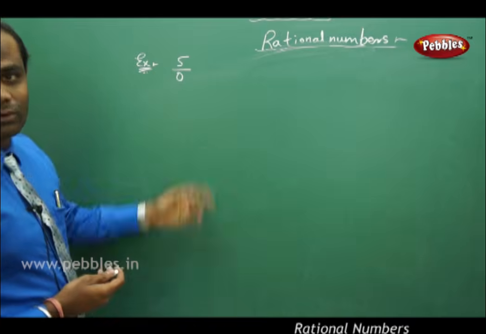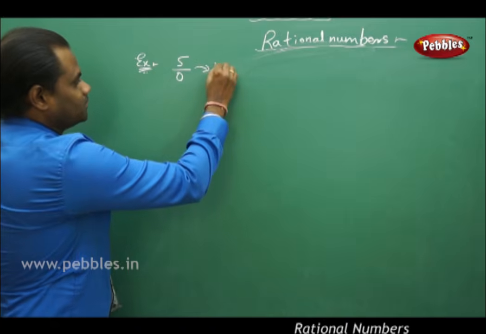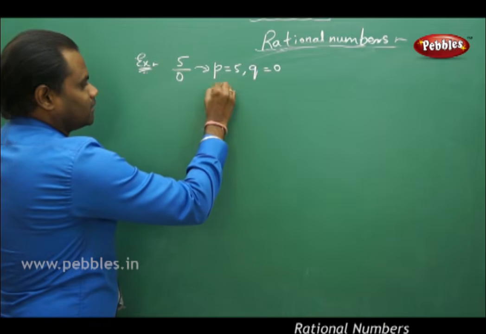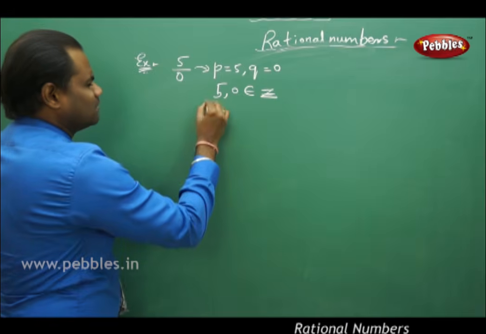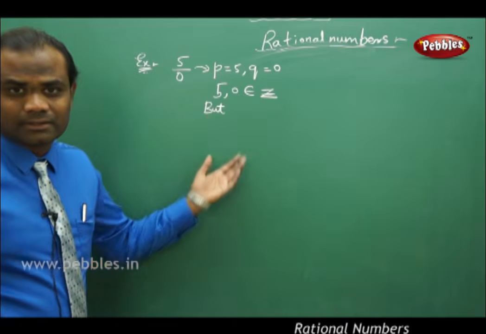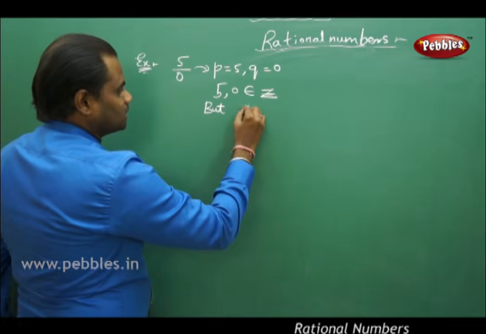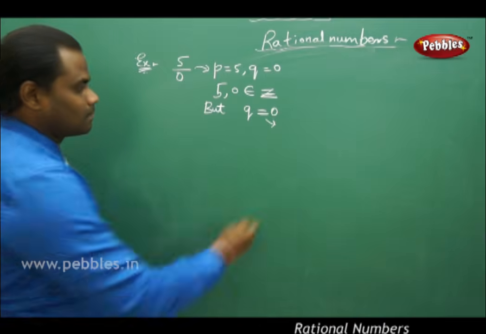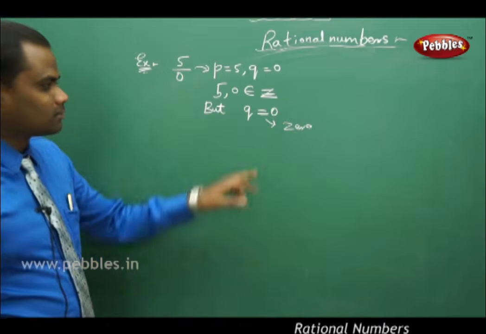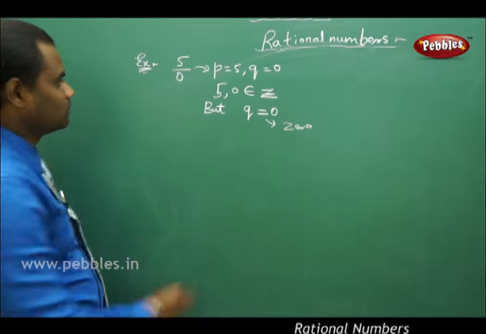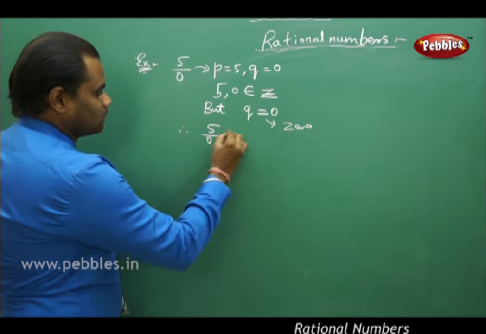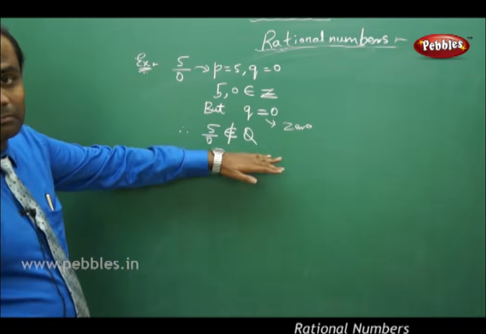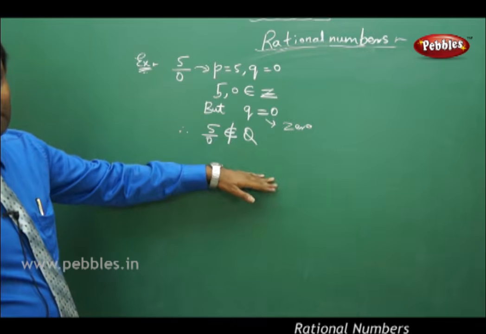When I take pi by 0, I understand that p is pi and q is 0, where I take pi and 0 belong to Z, but it doesn't satisfy the second condition, which is nothing but q is 0, but it should not be 0. Our condition for the second case says that q should be non-zero. Therefore pi by 0 cannot be a rational number. So this is one of the important examples in understanding the set of rational numbers.